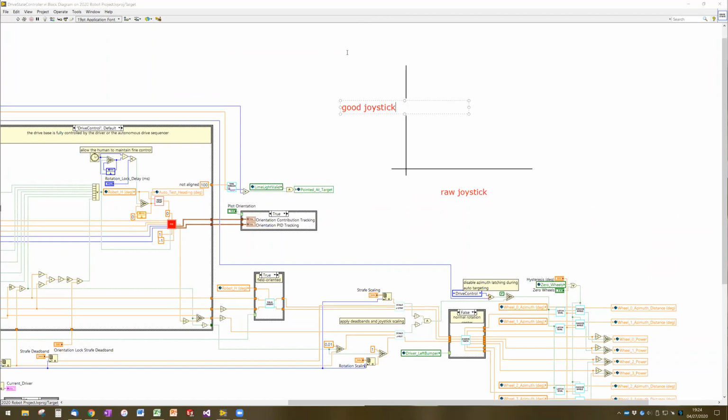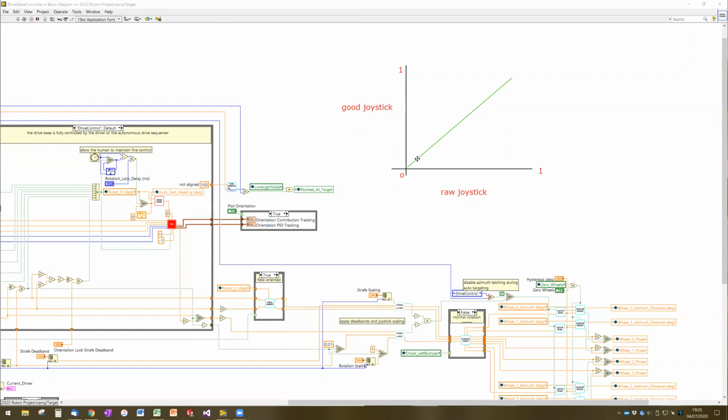We're going to go from 0 to 1 on both of these axes. And normally without anything special, that's what the function would look like, right? Y equals x. So the good joystick value would always exactly equal the raw joystick value.